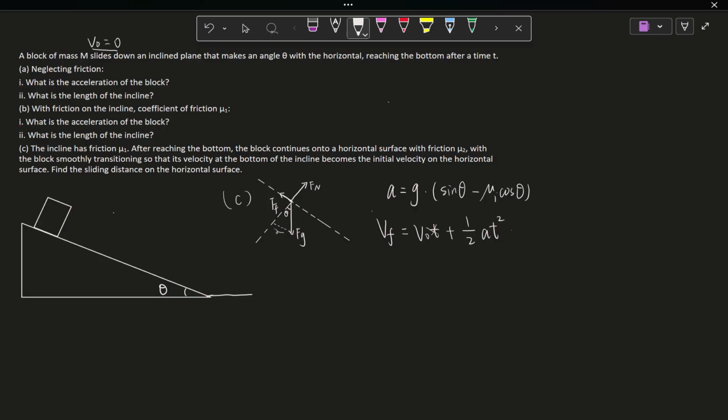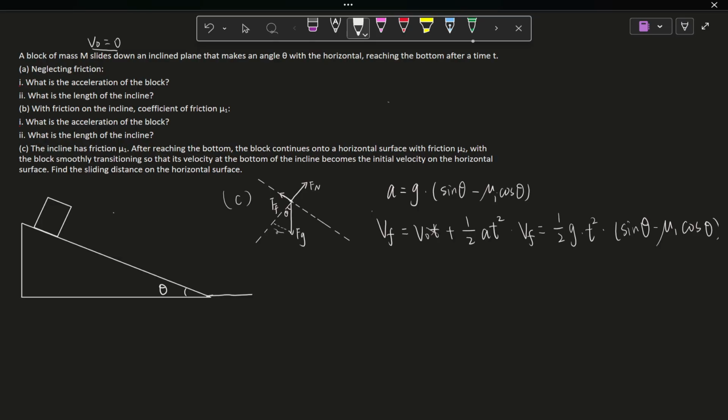So we can just figure out Vf by plugging the acceleration into the function, so that Vf is equal to half g times t squared times sine theta minus mu1 cosine theta. This is the final velocity.